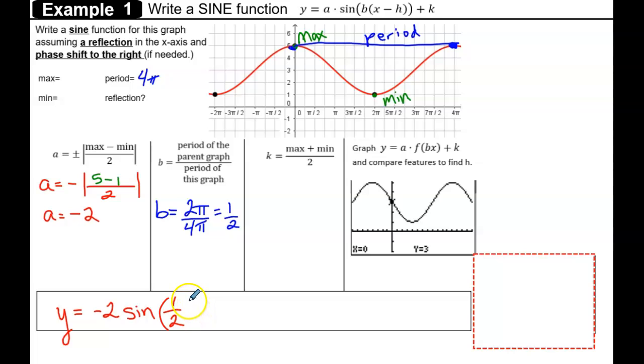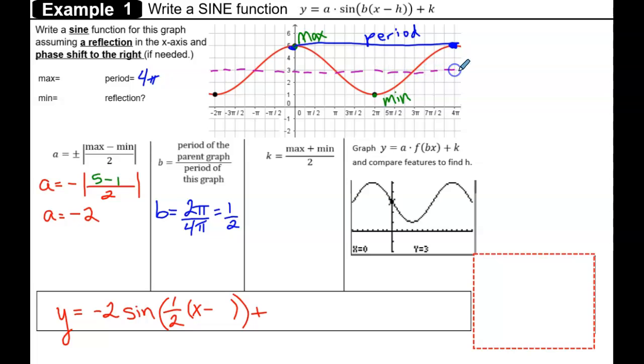Okay, then that's times x minus, and then we'll leave a space here for the h in case we need one. And then we add the k, which is the vertical displacement. So to find that vertical displacement, if we're looking just at the graph, we could identify the midline, which is halfway between the extrema.